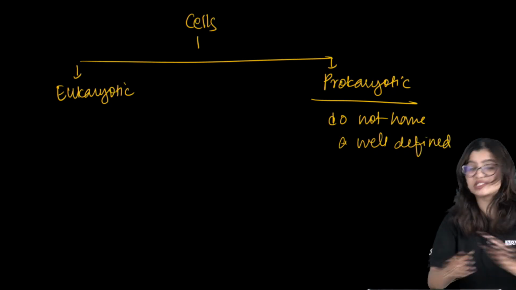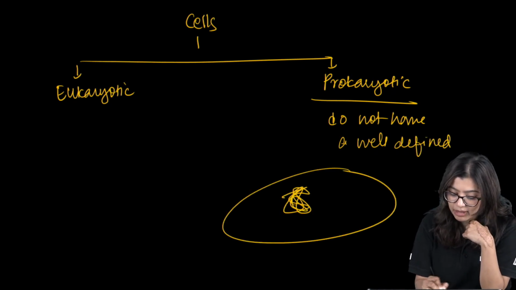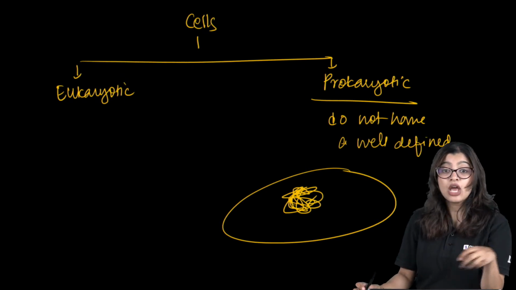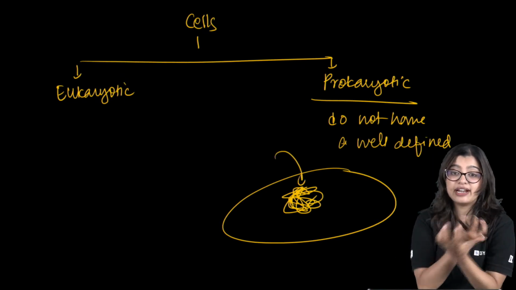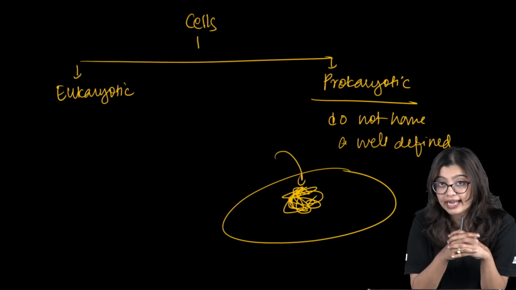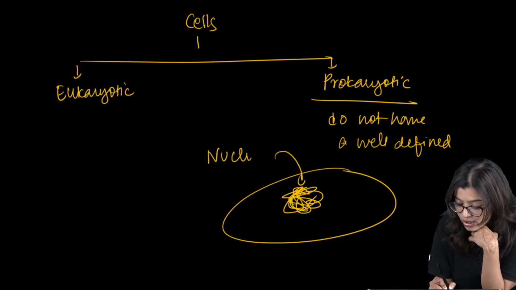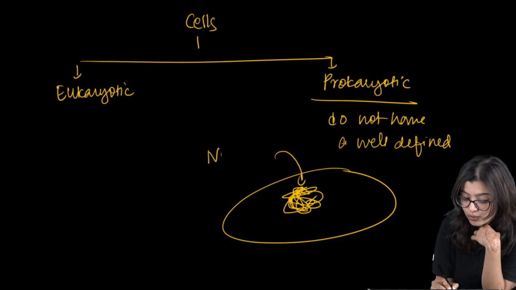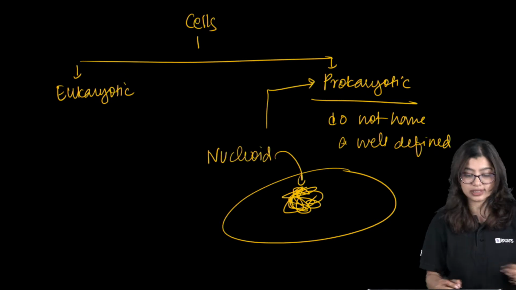That means they have no such thing called nucleus. So they'll see that the genetic material is found concentrated in one region of the cell. And this region where the genetic material is found concentrated, we call nucleoid. So where will I find my nucleoid region? Only in prokaryotic cells. Yes?